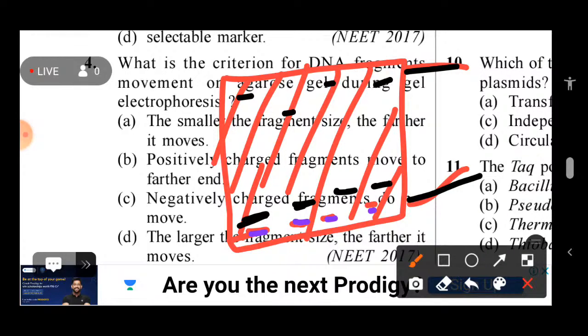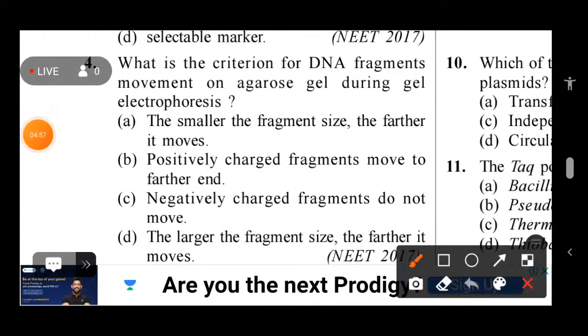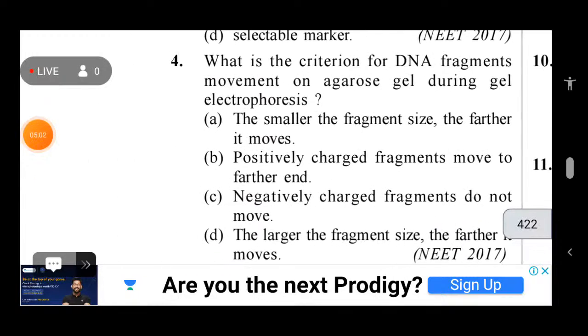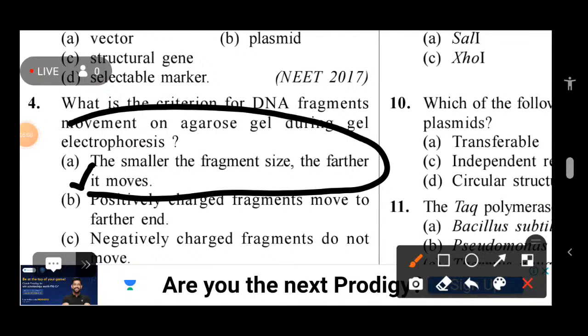So the lowest density move faster and the highest density settle down. Because of this reason, for this question option A is the correct answer. What is option A? It is the smaller fragments. The smaller the fragment size, the further it moves. So it is the correct answer.